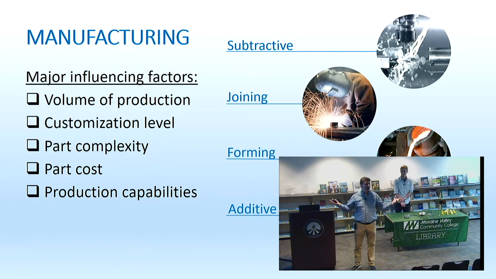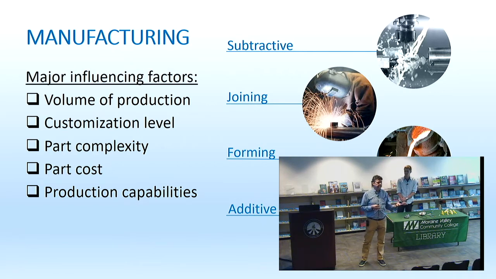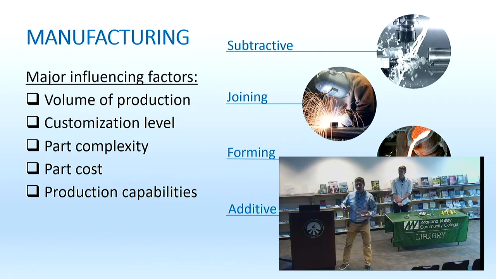Is this a high volume or is this a very small, maybe 1 or 2 volume of production? What is the level of customization? Are there standardized parts that we can produce, thousands of? Or are these like we need to produce 1 for Joe and 1 for Mary, and the 2 are going to be very different?